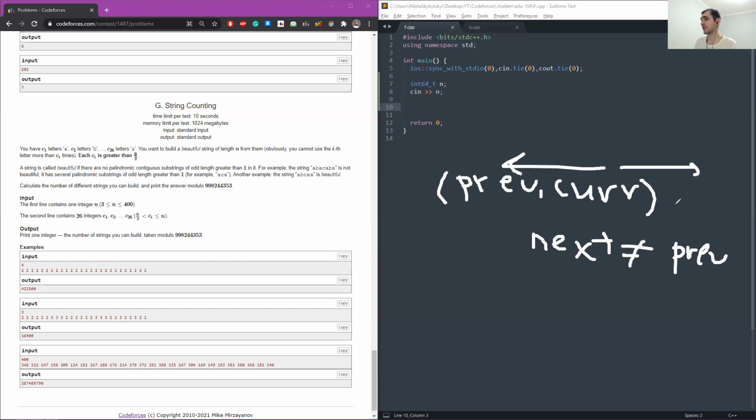But if our very first step of this expansion fails, then there's really not much we can do. There's one palindrome. So we are really only concerned with prohibiting palindromes of length 3. And we are done. So because of that, the only context that matters are the 2 previous letters.